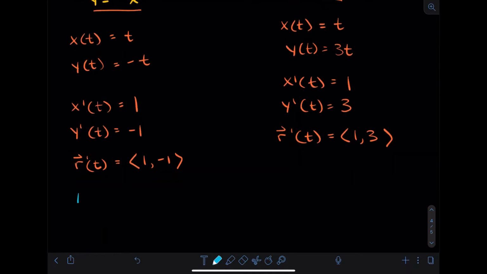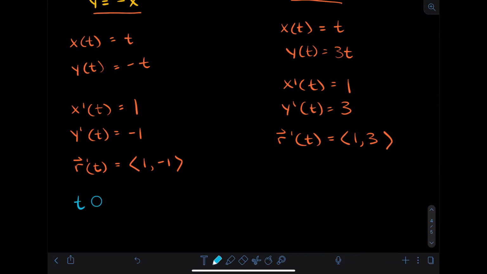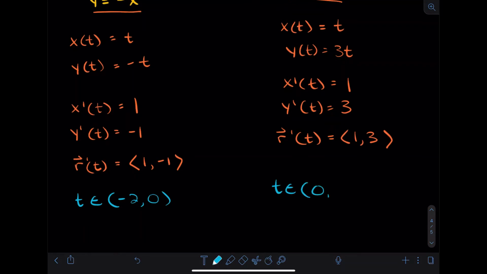So the t bounds can essentially just be the x bounds, which in this case is just going to be minus 2 to 0. And here t is going to then go from 0 to 2. So overall, we are integrating the vector function f from minus 2 to 2, but we can't do it all together because we have two different functions.